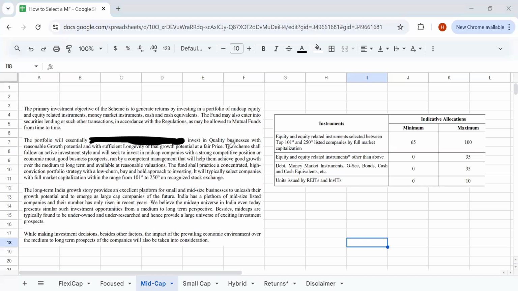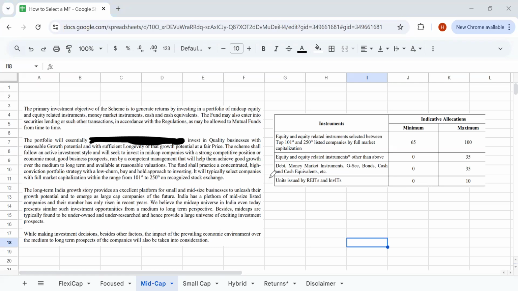Here, his strategy is to uncover the companies which can grow into large caps, right? So again, it's a very concentrated and high conviction strategy. For something to grow from a smaller company into a bigger company, obviously you'll need a lot of patience, right?